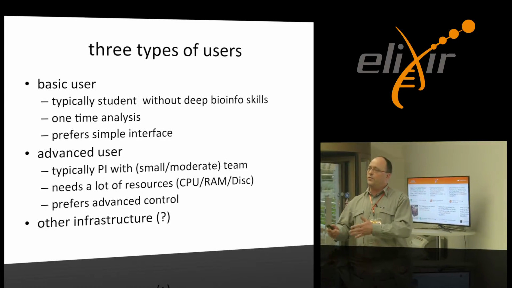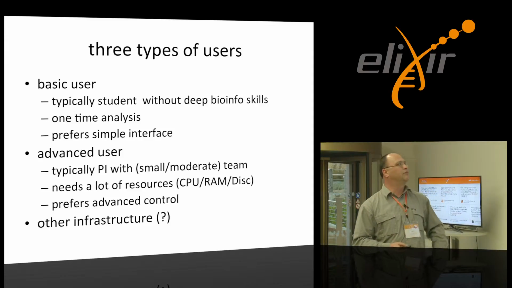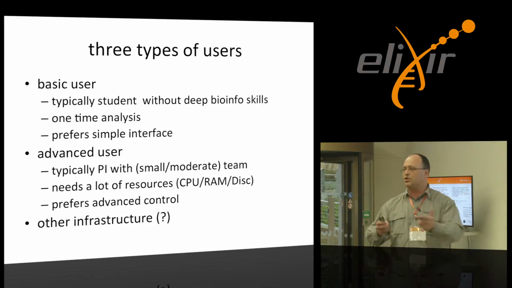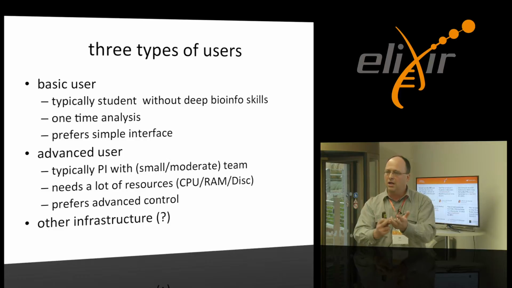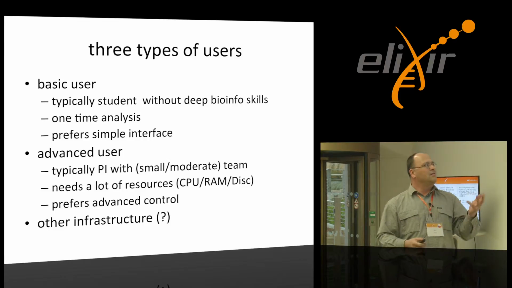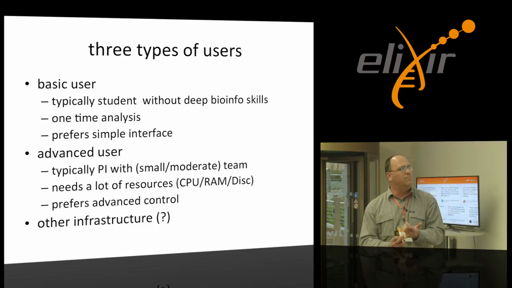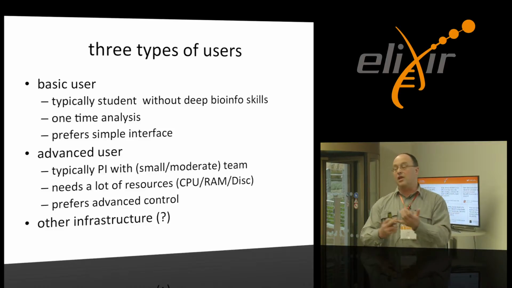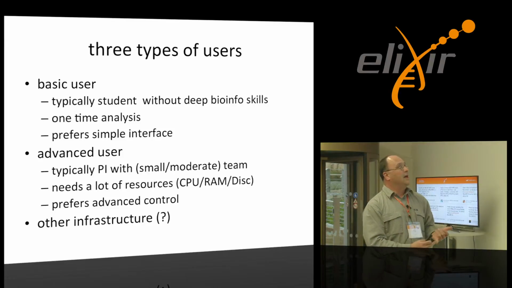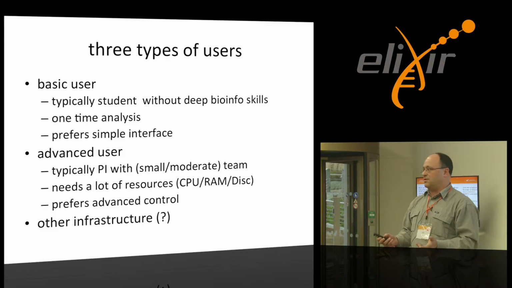We think that now we have 3 types of users. One is a basic user, which is typically a student or scientist, a biologist who is doing a simple experiment. They usually do not have deep bioinformatics skills. They do one-time analysis, and they prefer a simple interface.